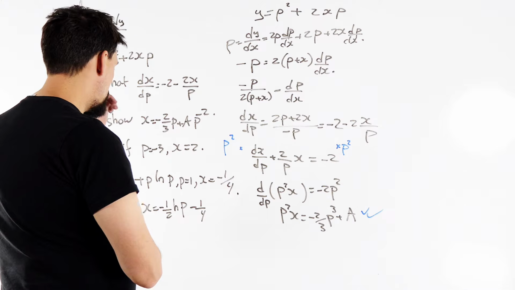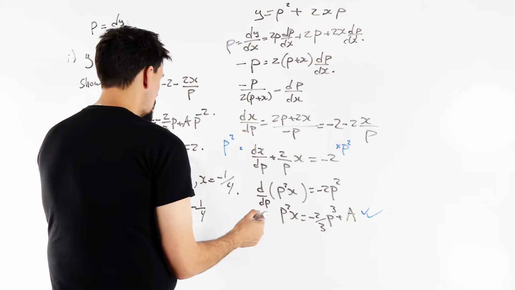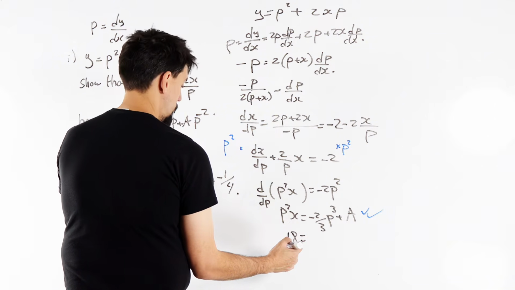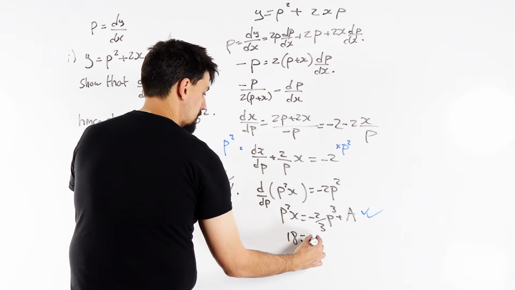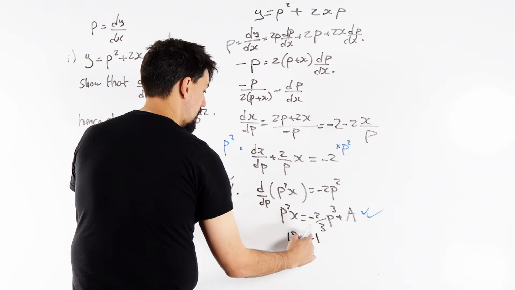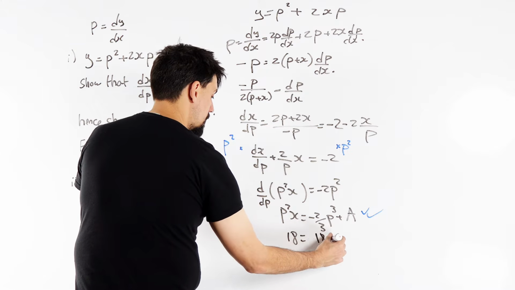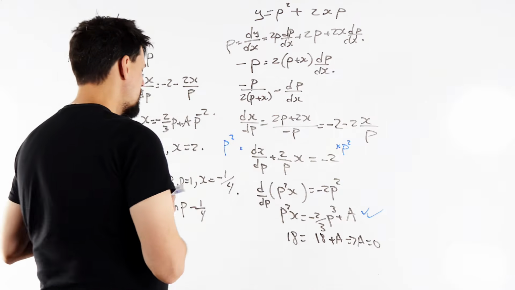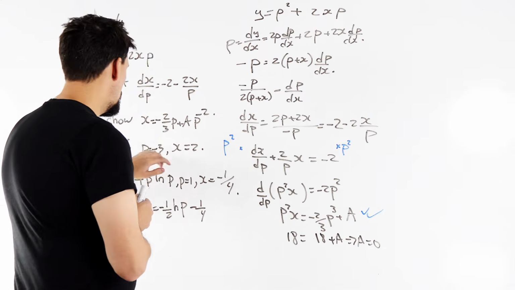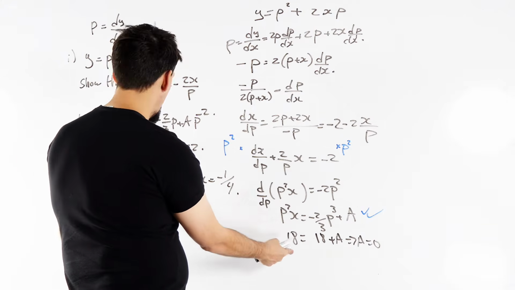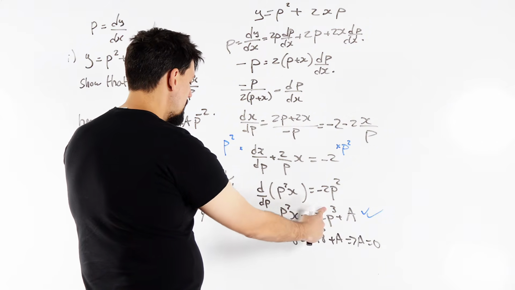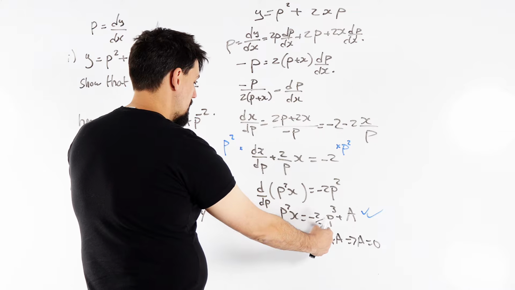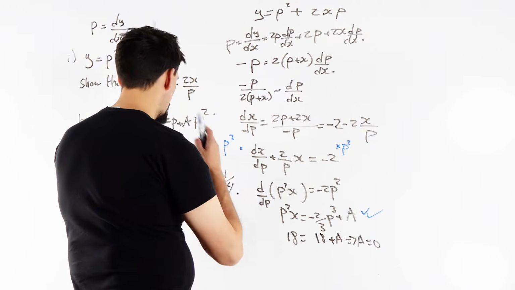And if p is minus 3, x is 2, so that gives me 18 plus A, you get A is 0. If x is 2, p is minus 3, that's 9 times 2 is 18. That's negative 27, divided by 3 is 9, times 2 is 18.